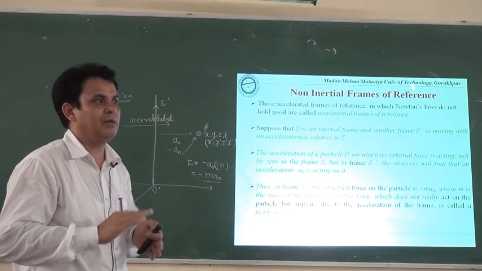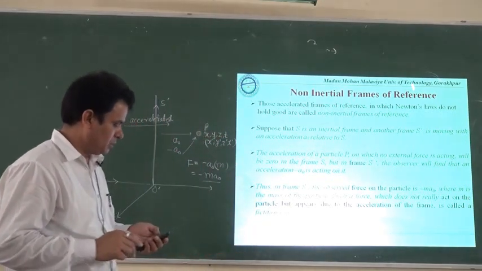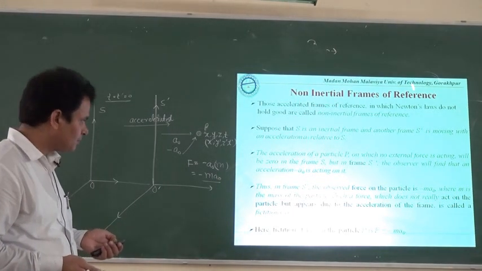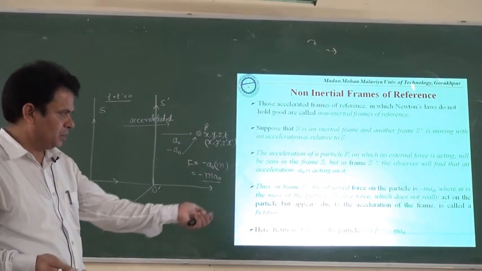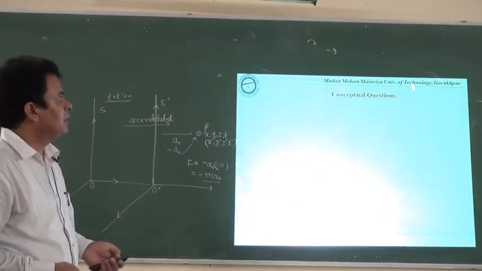That's why the particle will experience the pseudo force, also known as the fictitious force, acting on it. Here the fictitious force has been given by its magnitude. I have already discussed this.